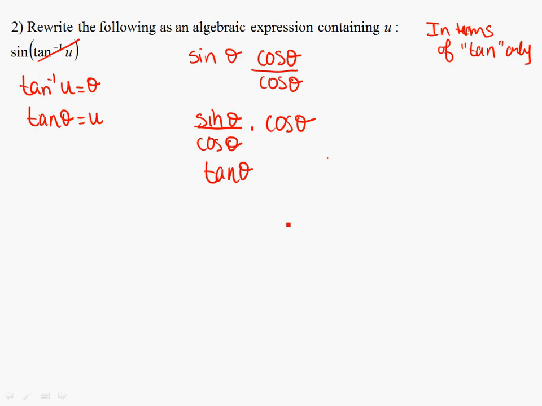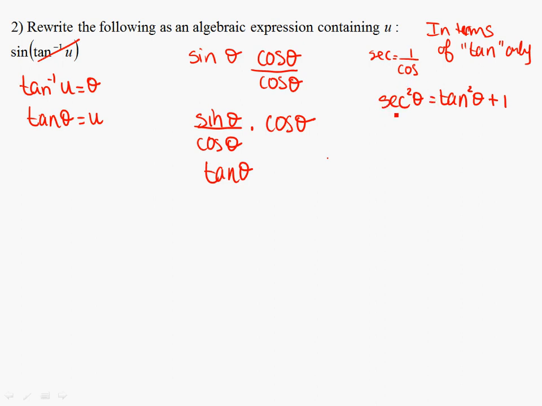Yeah, the secant squared of theta is equal to the tangent squared of theta plus 1. And the secant is what? The secant is 1 over the cosine. So there's your link to get from a cosine out to a tangent.